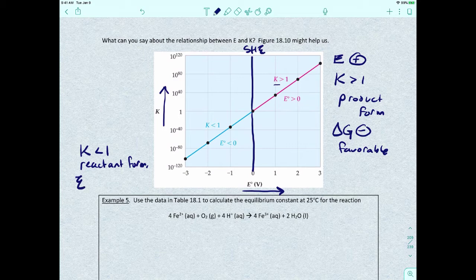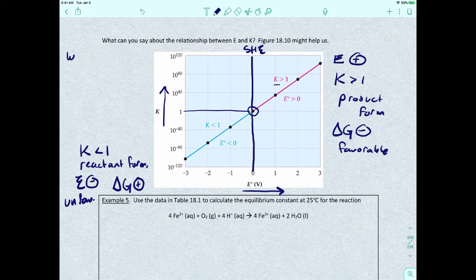Okay. Electromotive force is going to be negative. That means that Gibbs free energy most likely is going to be positive, and so this is going to be unfavorable. And when we're truly at equilibrium, so if we go all the way to 1 and I drop a line, notice that that 1 for the equilibrium intersects this curve right at 0 volts.